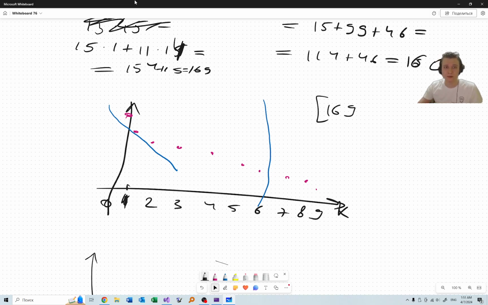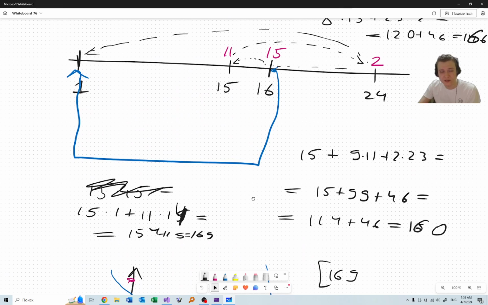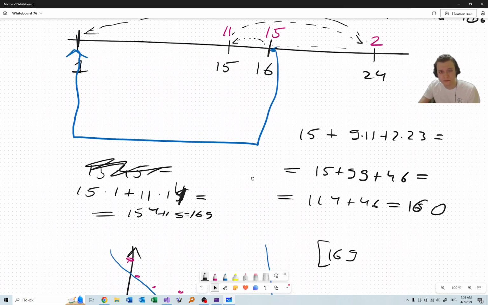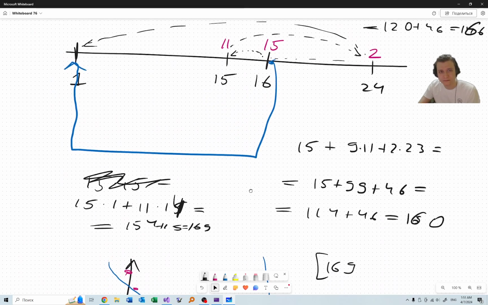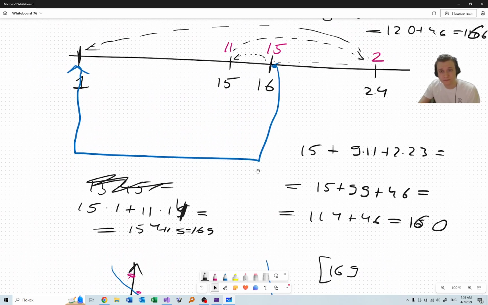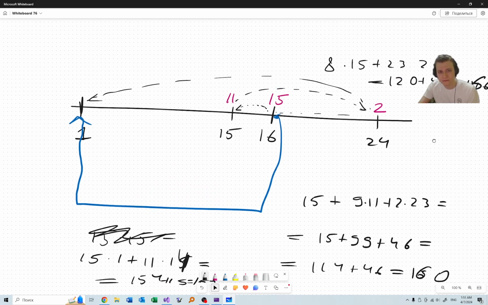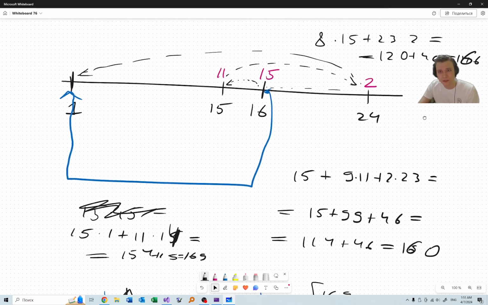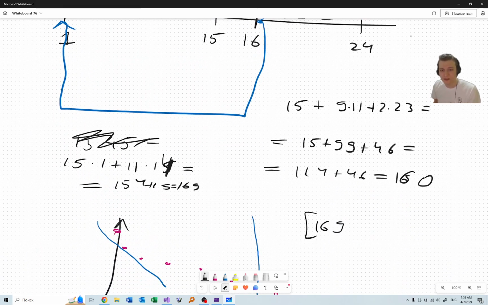And then for 1, the optimal answer is to go to the right and then to the left. And it is equal to 166.